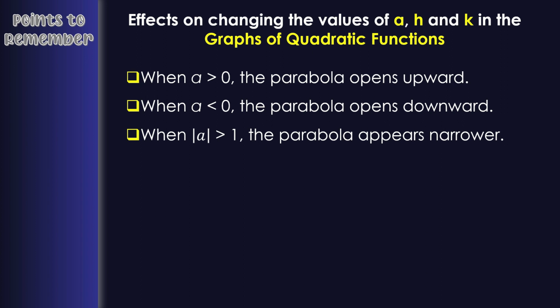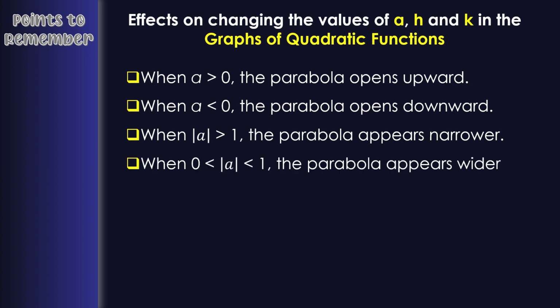If that is the case, the parabola appears narrower. But when 0 is less than the absolute value of a and less than 1, the parabola appears wider.